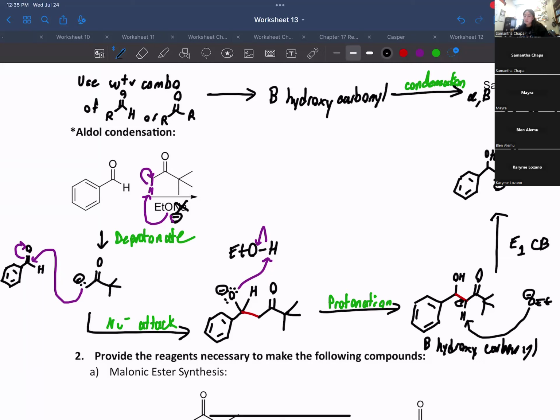From here, now we're able to kick off what is our leaving group, even though it's a bad leaving group. Due to the thermodynamic sink and everything that she explained during lecture, it can leave because it makes a very, very stable product. And therefore the leaving group will leave. And this is our aldol condensation product.